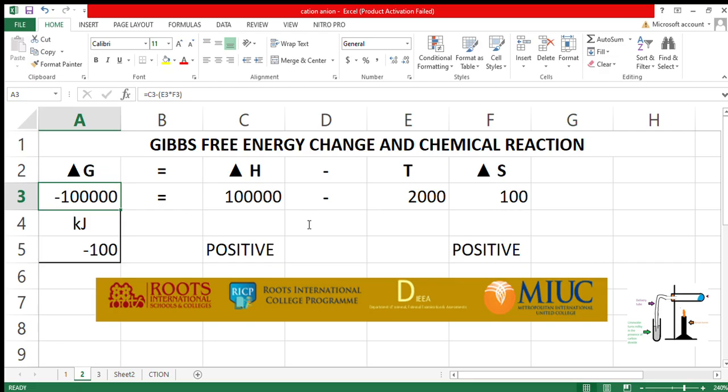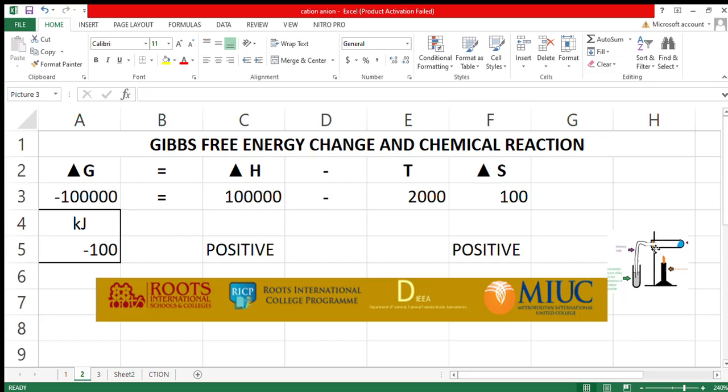So such chemical reactions in which the enthalpy change is positive and the change in entropy is also positive, they require that either the temperature should be higher or the change in entropy should be more. In that case, the reaction is feasible.